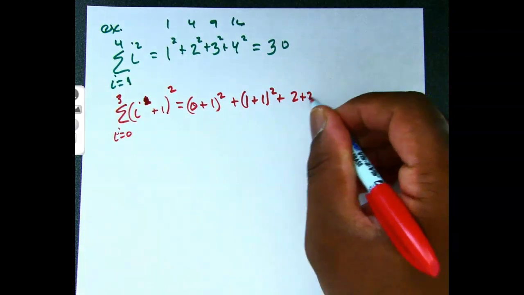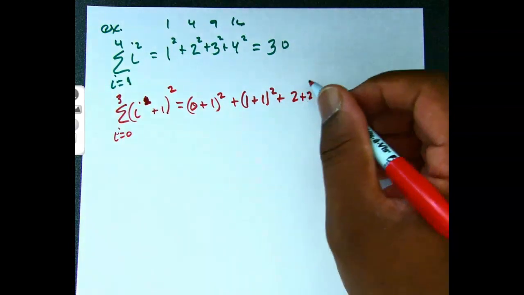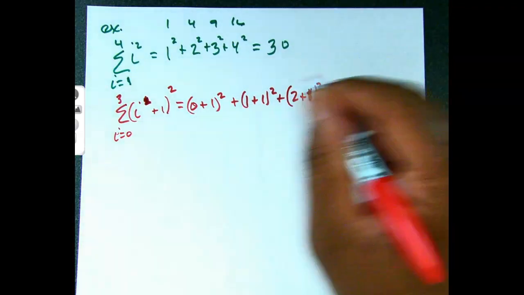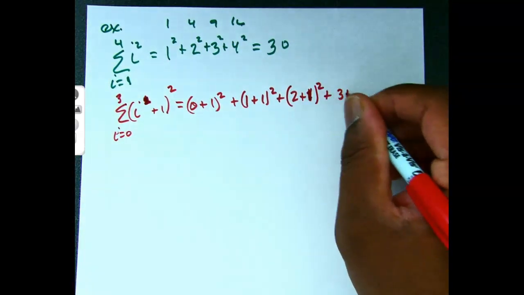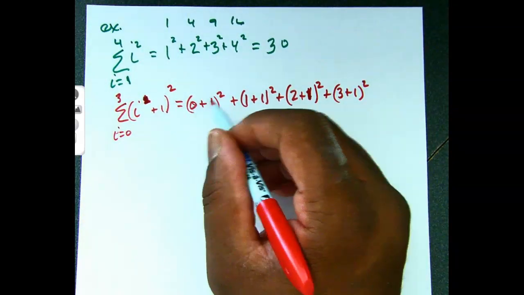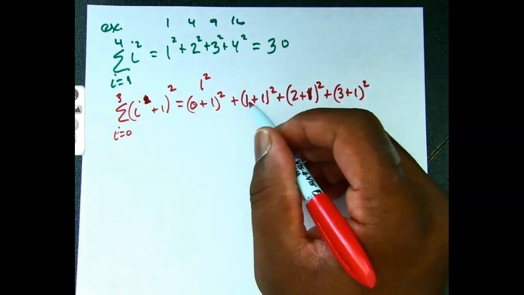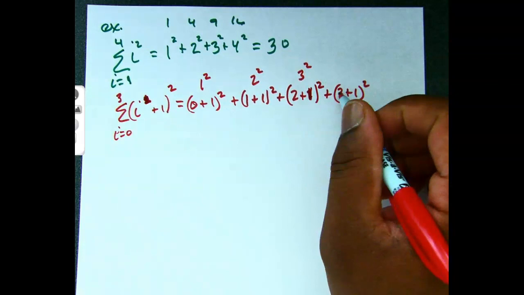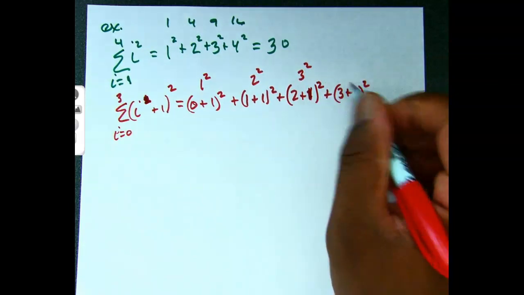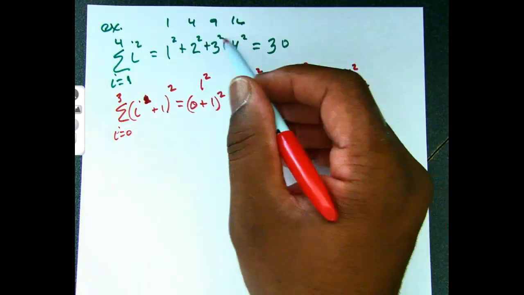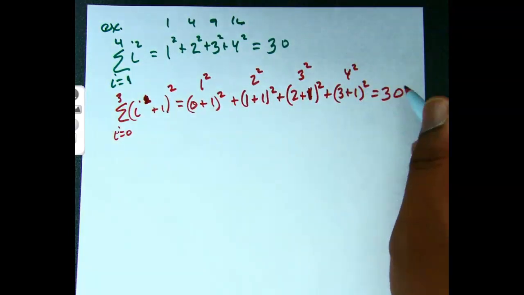When I is 2, 2 plus 1 squared. And when I is 3, you get 3 plus 1 squared. So this becomes 0 plus 1, that's 1 squared. 1 plus 1, 2 squared. 2 plus 1, 3 squared. 3 plus 1, 4 squared. So now this becomes the exact same summation as we had before, and that's going to be 30.